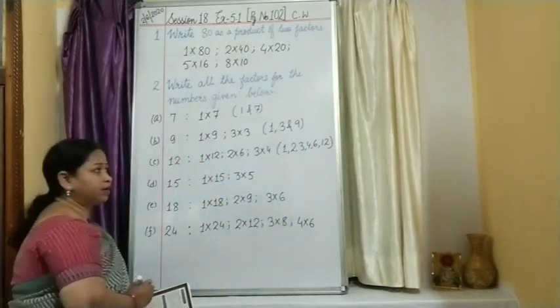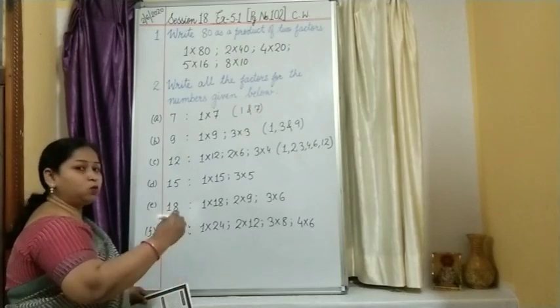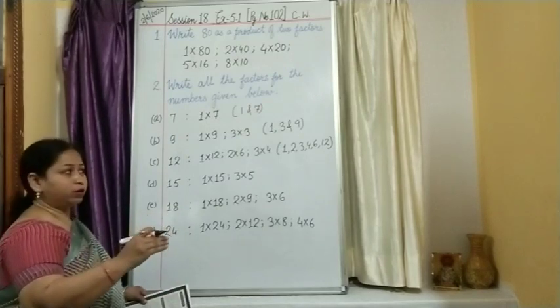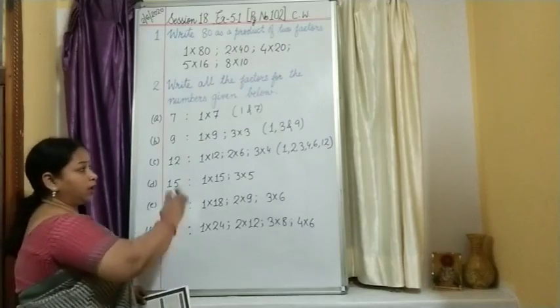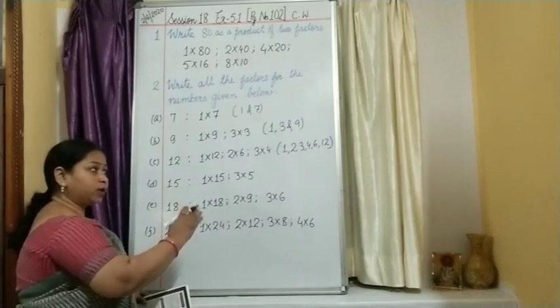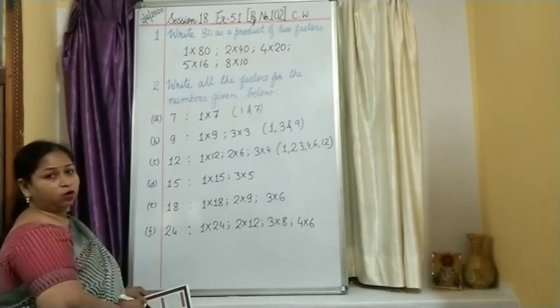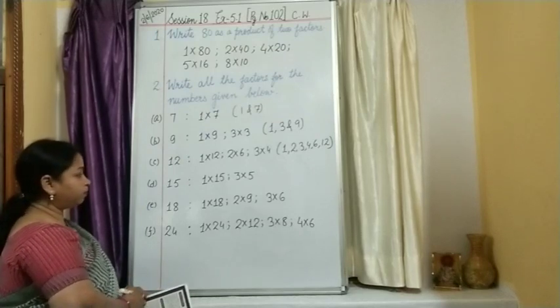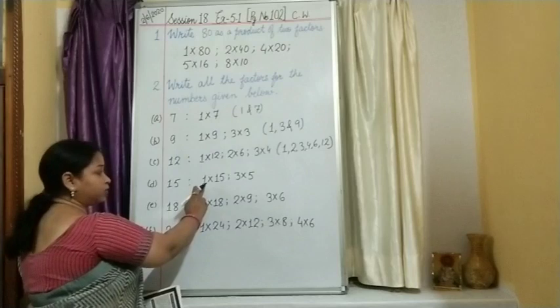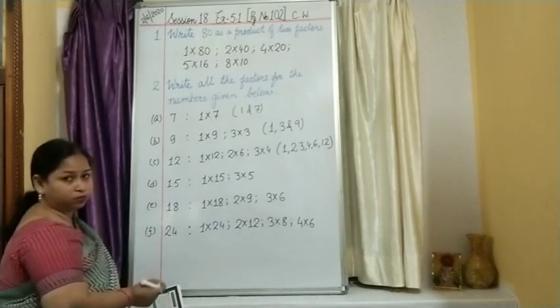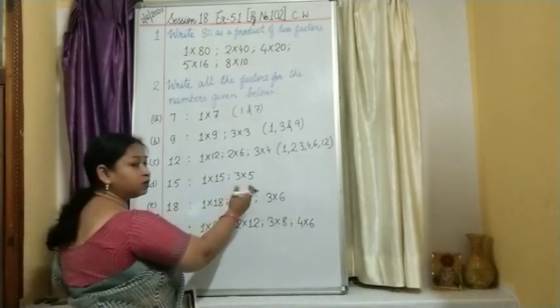Children, while I am writing it, I try to arrange them in ascending order. So already you have got the factor pairs, isn't it? After getting the factor pairs, you can arrange them in ascending order and show it. Now factors for 15, as you can see, I have already written 1 multiplied by 15 is 15, 3 multiplied by 5 is 15.